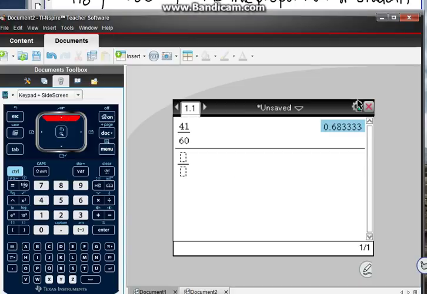We enter in our numerator, 0.68333 repeating, minus 0.8. Press the down arrow to get into my denominator, and we will enter in our square root. There's another fraction bar here. You don't have to use the fraction bars, but they're available to us. You can also just do division and use your parentheses, okay?